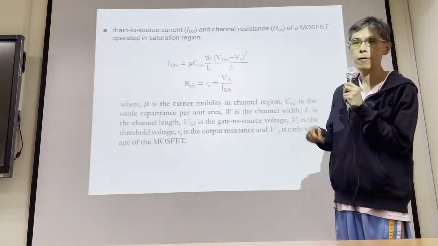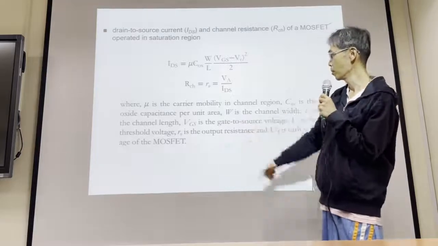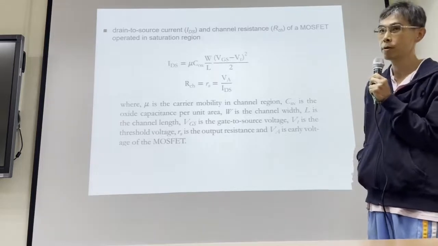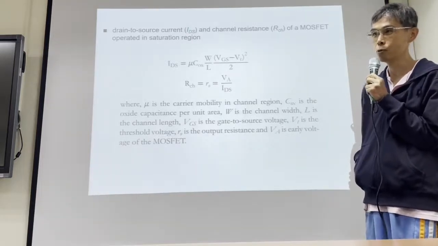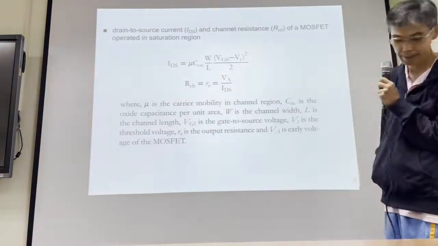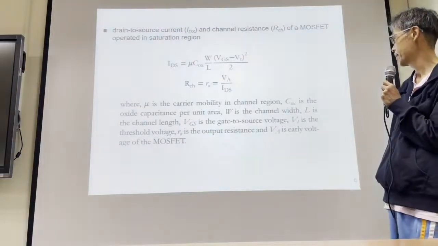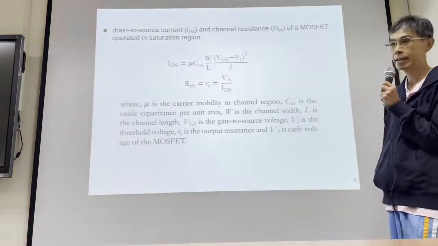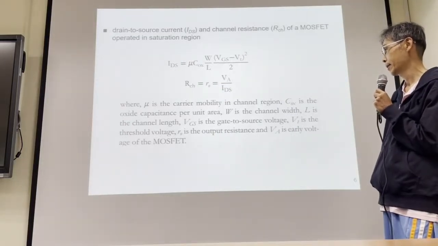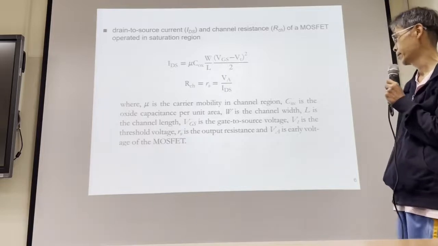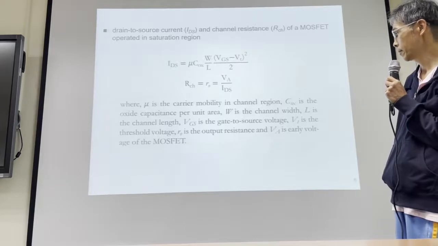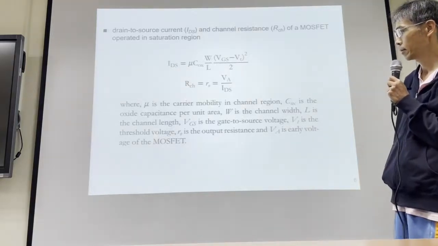Okay, so Boston, could you read this? Where mu is the carrier mobility in the channel region. Cox is the oxide capacitance per unit area. W is the channel width. L is the channel length. VGS is the gate to source voltage. VT is the threshold voltage.